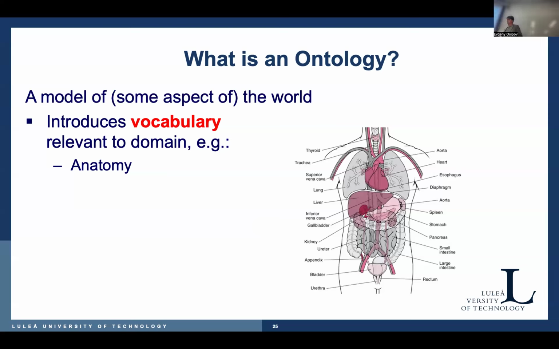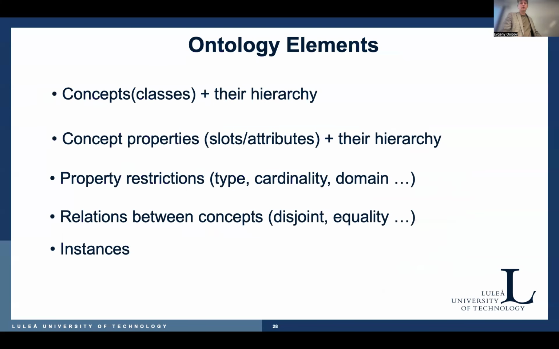Organs have a certain hierarchy. They have properties, and properties have their own hierarchy. So ontologies are actually about being able to represent hierarchies of concepts and hierarchies of properties.